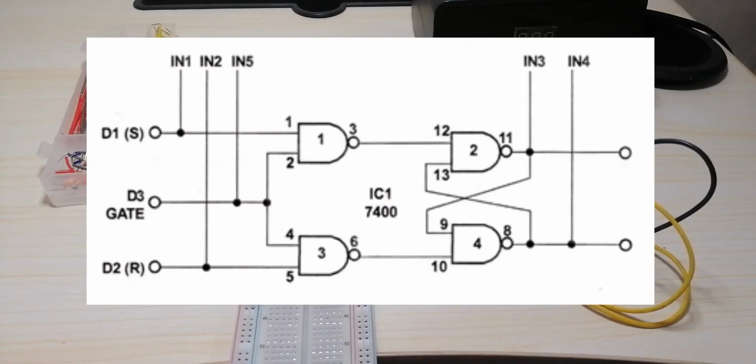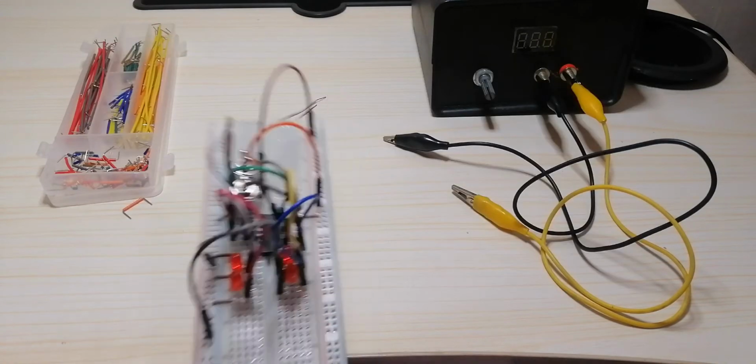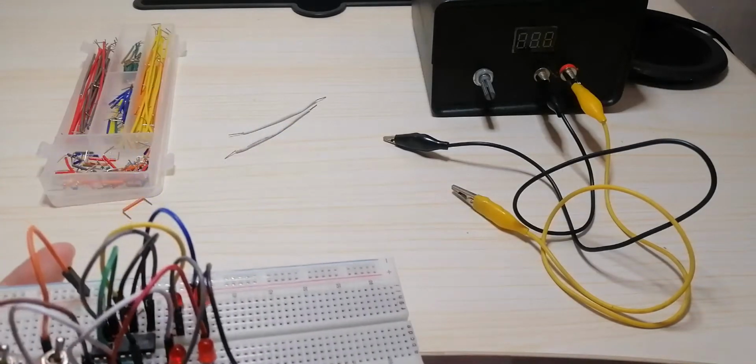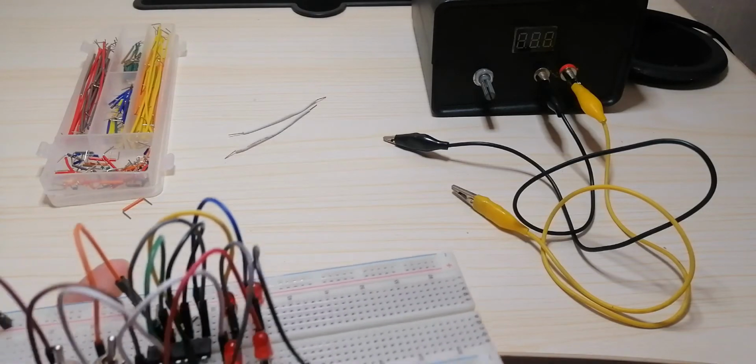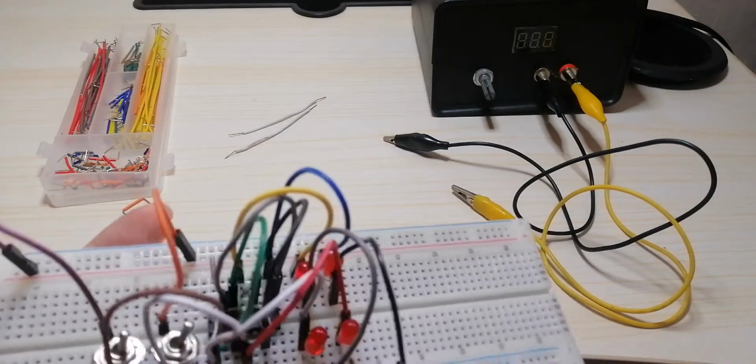So in this circuit, the 1 and 2 connection of the IC is changed, also the 4 and 5, but the other side, which is the number 12, 13, 9, 10, 11, 8, and also the in 3, in 4 is still the same. So we will adjust the connection in this side where is the number 1 and number 2.